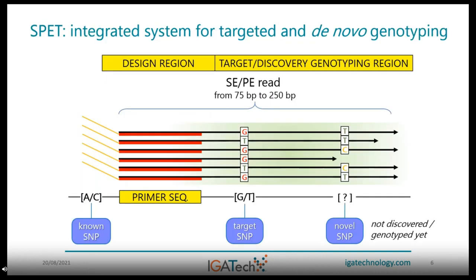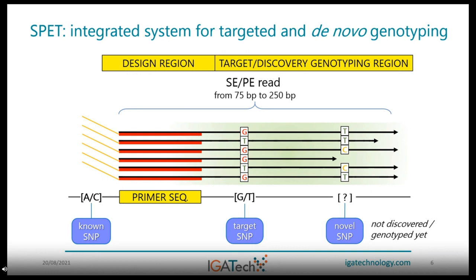Just to give you a picture of how the system works, pretending that we have a known SNP that we want to target by our panel, probes, which are basically long primers, are designed upstream of that site, and they will provide priming to the extension event.